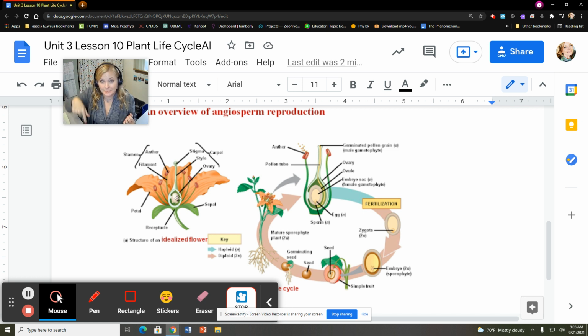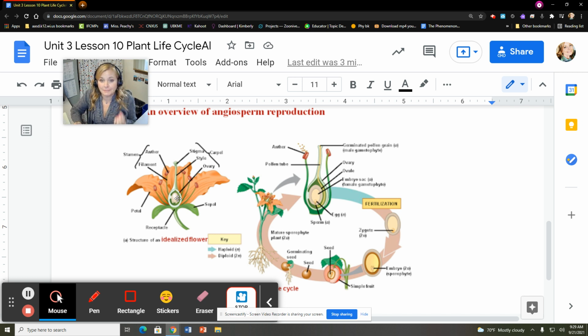And then the sperm swim down the pollen tube into the receptacle and they fertilize an egg inside. And it's actually something we'll get into later. It's called double fertilization. So it's a little bit more complex than other plants, but you literally do have a fusion of sperm and egg that's occurring inside flowering plants as well.